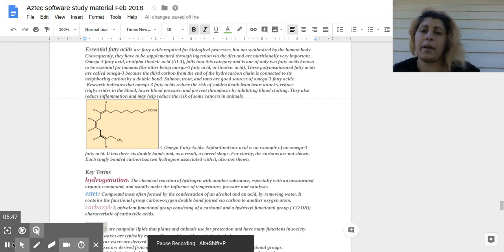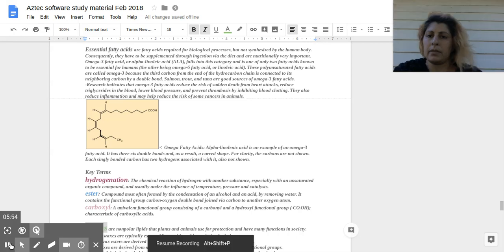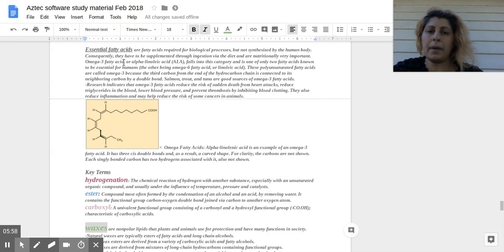These are usually found in fish and are recommended for the diet. These are called omega-3 fatty acids. Usually, they're not made by the human body but must be ingested. So the third carbon from the end of the chain is a double bond.